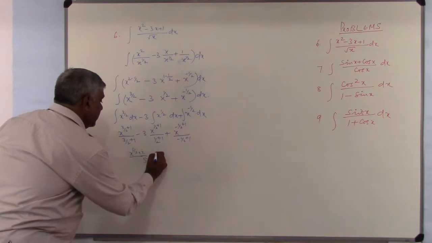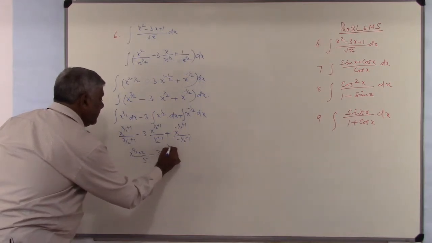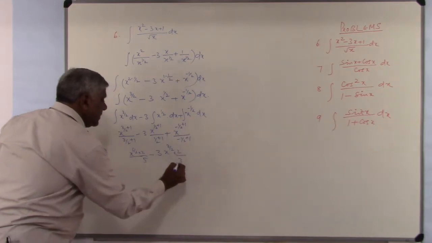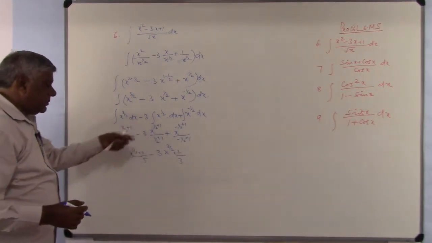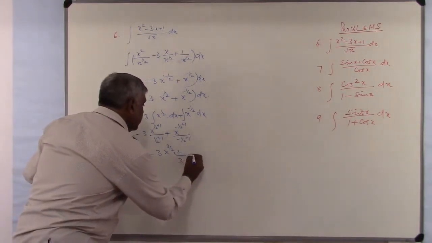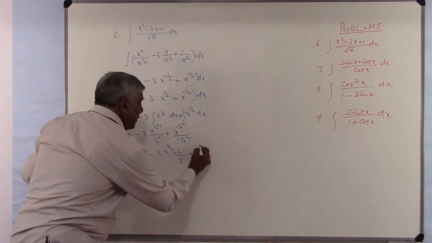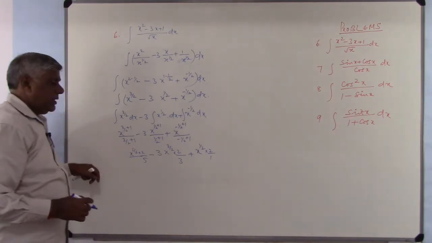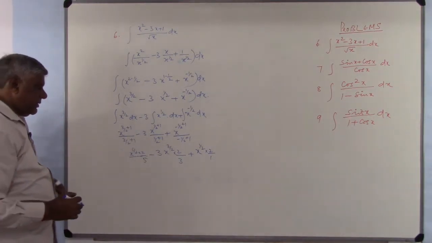Minus 3x to the power of 3 by 2 into 2 by 3, goes to the top, plus x to the power of half into 2 by 1, since 1 minus half is half.